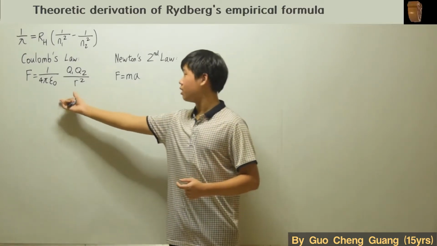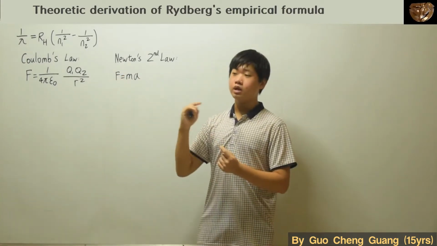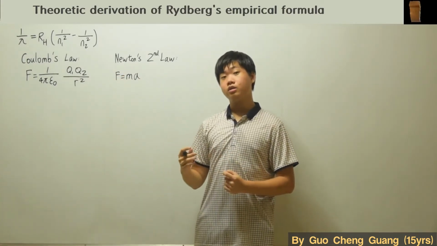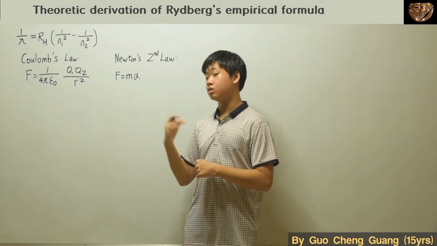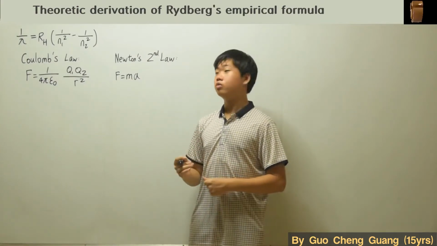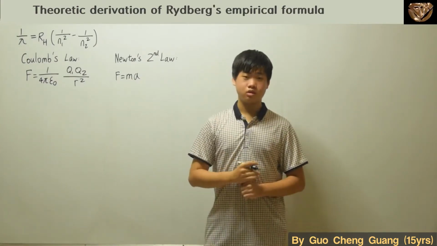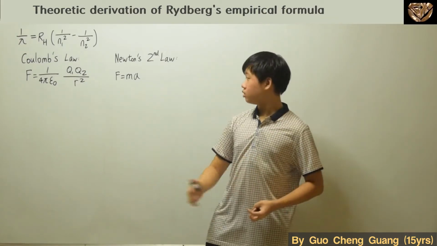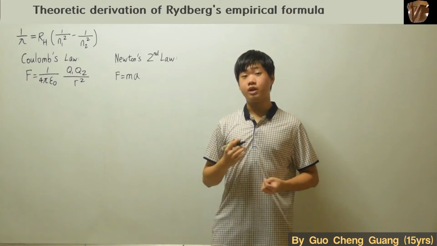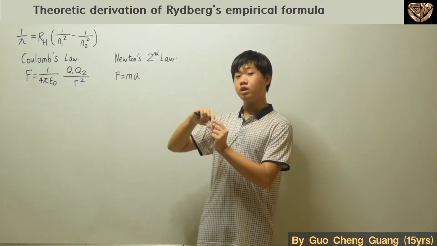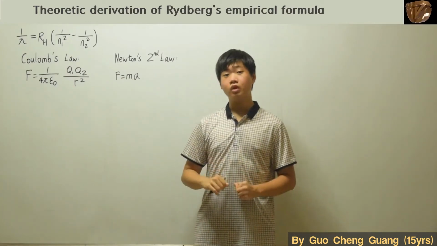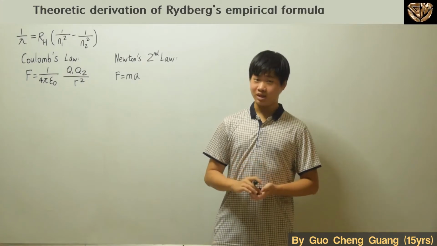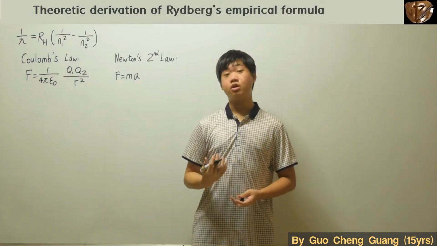Since this is between the two charges, can you think of anything to find its so-called radius, alright? Then you can combine Newton's second law with circular motion. What kind of acceleration would you be looking at in the radial direction? That can only be your centripetal acceleration.